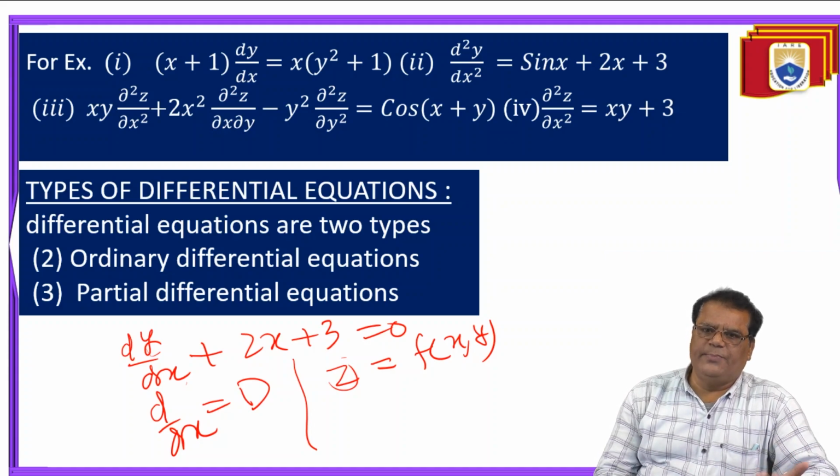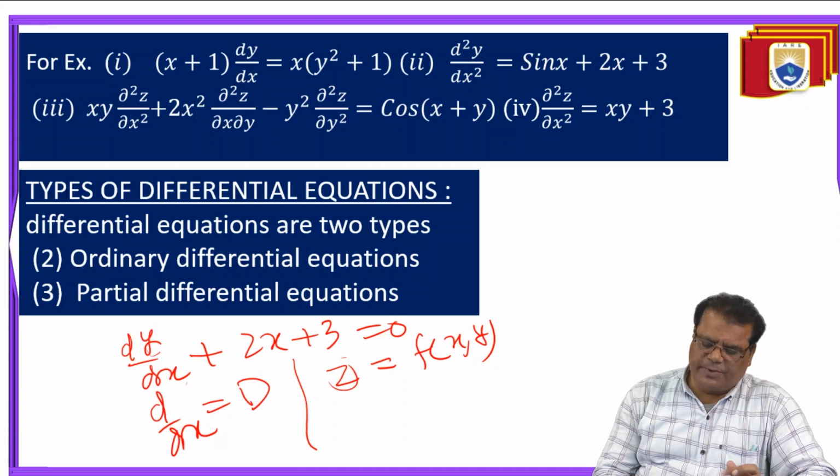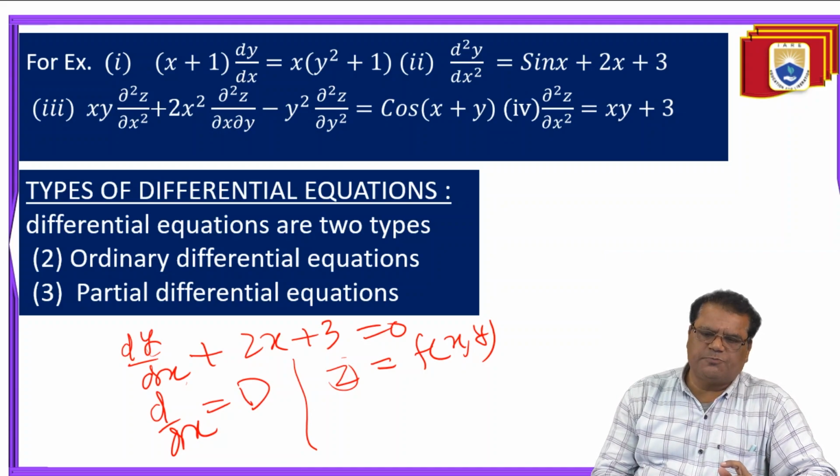There may be n independent variables, but a single dependent variable. This dependent variable z depends on x and y. So now we can differentiate z with respect to x and with respect to y. If we differentiate z with respect to x, then y is kept as a constant.